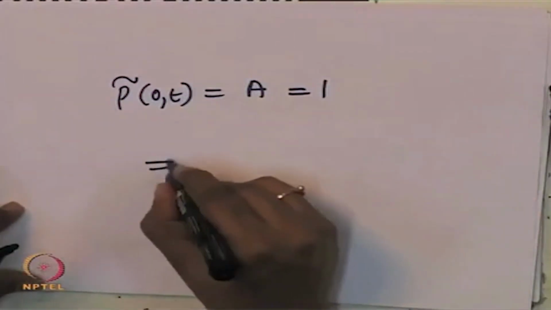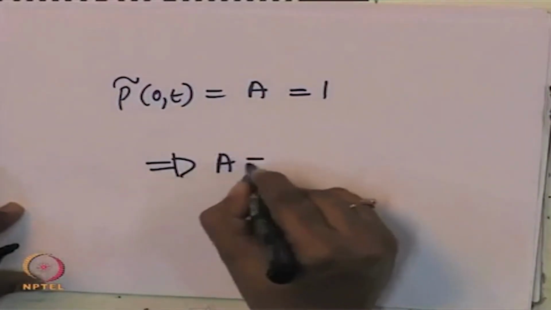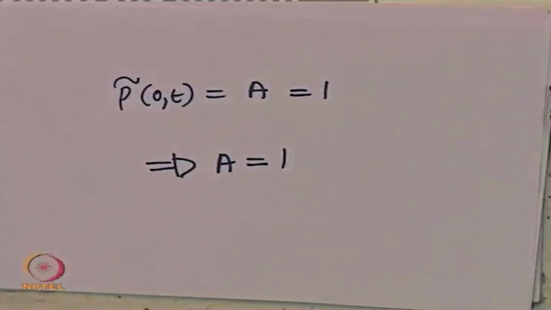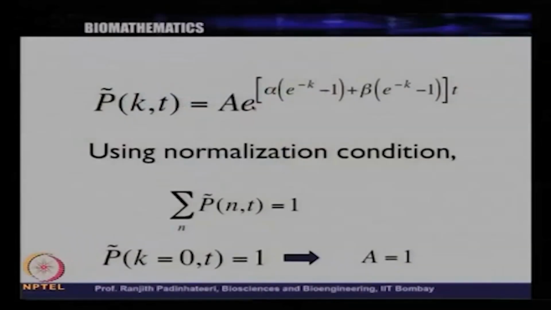So this implies that the normalization constant A is actually 1. So we could easily solve it and find this constant.